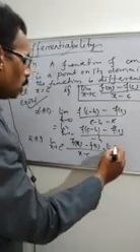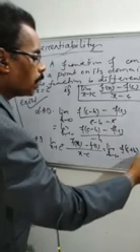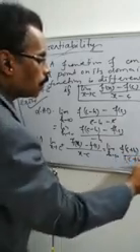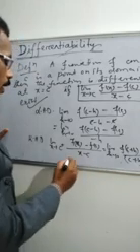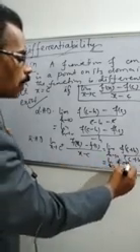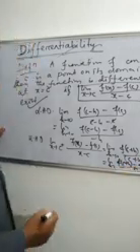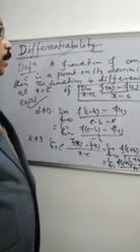That is (f(c plus h) minus f(c)) by (c plus h minus c), so c cancels, and it will be the limit as h tends to 0 of (f(c plus h) minus f(c)) by h. So if LHD is equal to RHD, then it is differentiable at that point.